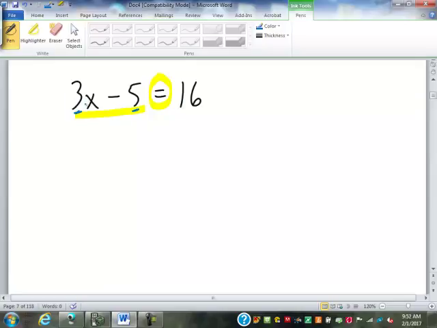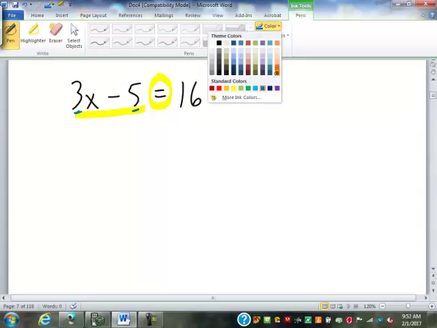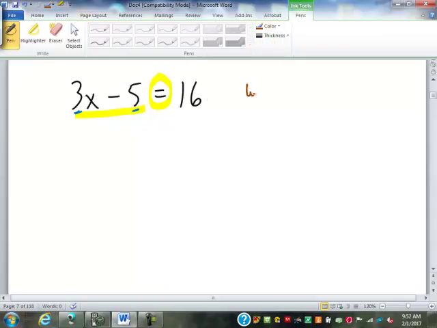What operation was used to attach the 3? It was multiplied. And the 5 was subtracted. So if we ask ourselves here, what was done to our variable? What was done to x?